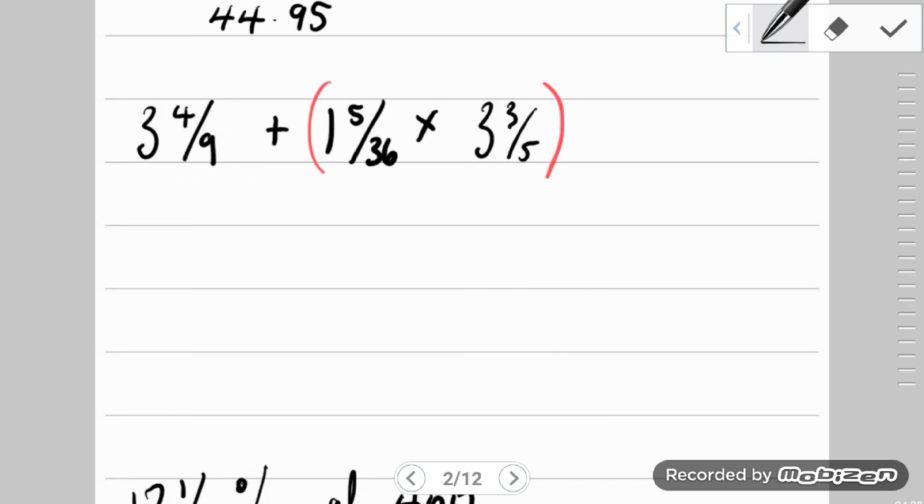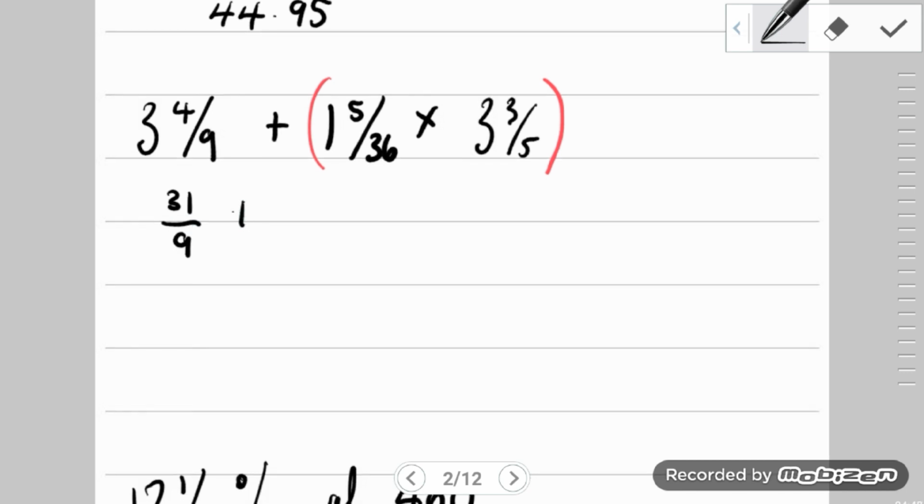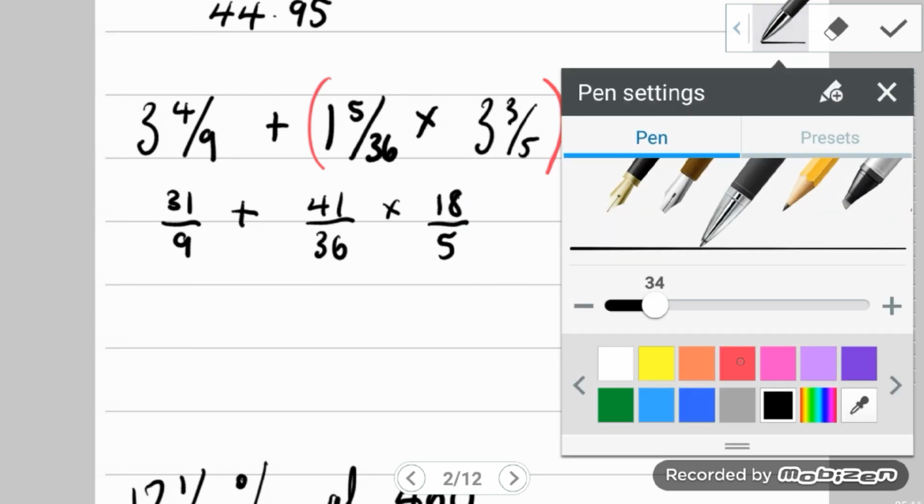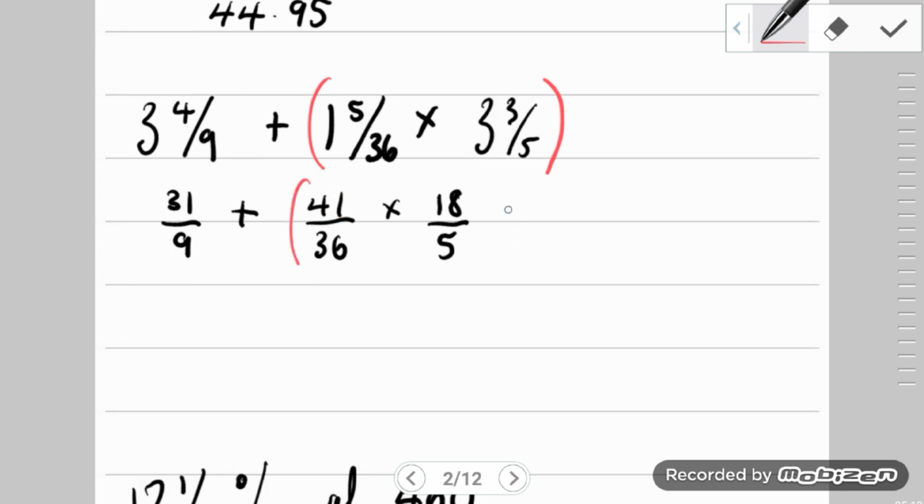So here we start off by saying 9 multiplied by 3, that's 27, and 27 plus 4, that is 31 over 9, plus 36 times 1 is 36. 36 plus 5 gives us 41 over 36, then we're going to multiply this now by 5 3s is 15, and 15 plus 3 is 18 over 5. Once again, as instructed earlier, we're going to multiply first.